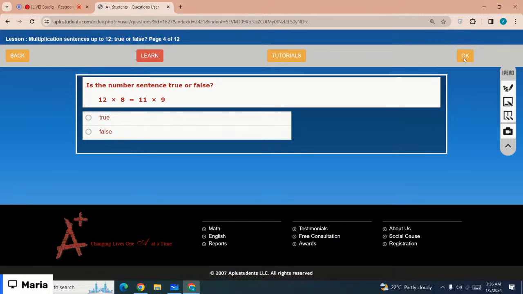That is false because 12 times 8 is 96 and 11 times 9 is 99. So that would be false. Both sides are not equal. So that is false.